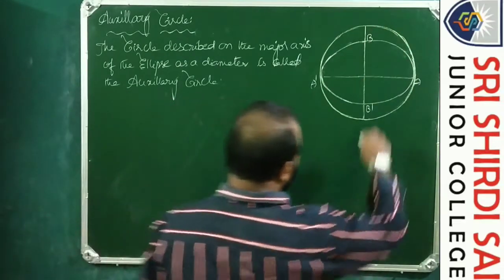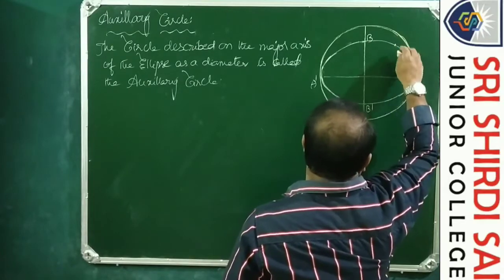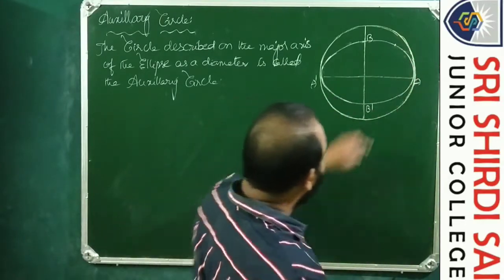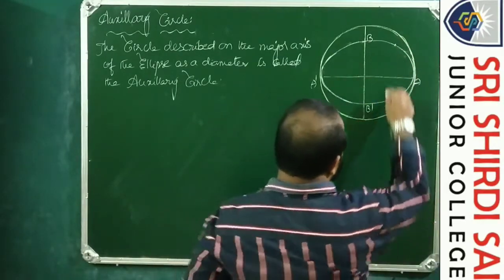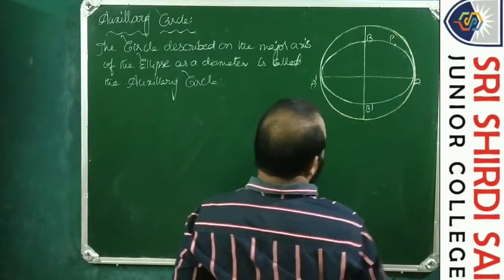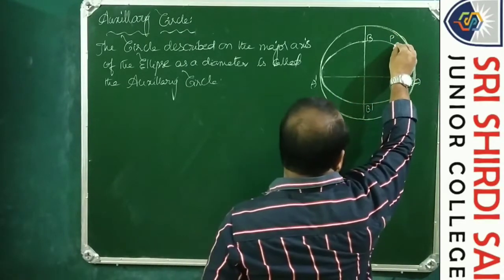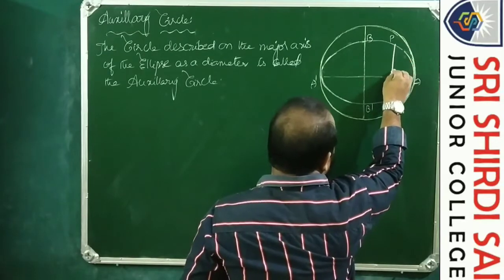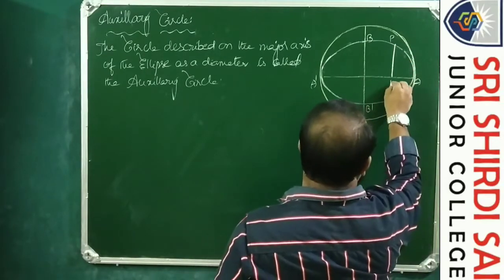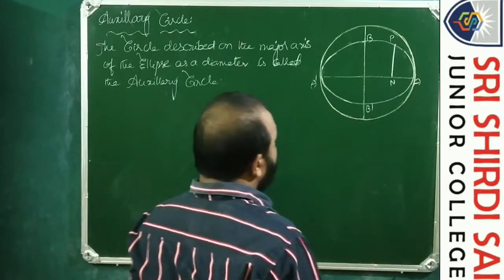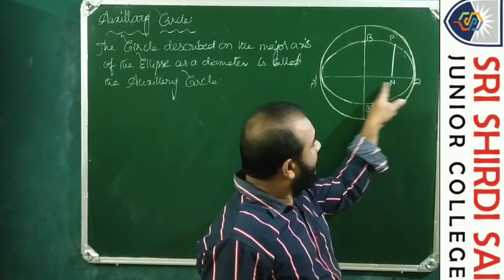Now let us take P, any point on the ellipse.